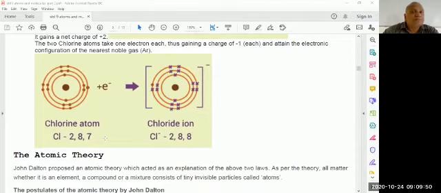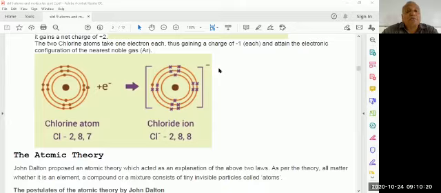So what will it do? It will gain one electron, which can easily be stabilized because of the positive charge of the nucleus, meaning protons. So chlorine will gain one electron, become 2, 8, 8, and become a negative 1 ion. Chlorine is negatively charged and is called chloride ion.